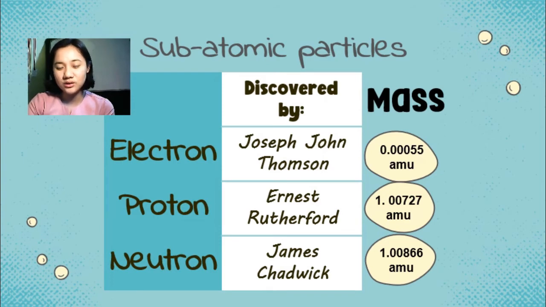And neutron, discovered by James Chadwick. Mass 1.00866 AMU. So the heaviest is the neutron, the heaviest subatomic particle. Proton and neutron are together inside the nucleus. Remember that. And the electron is outside.